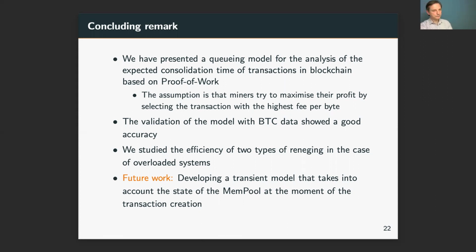At this moment, we are working in steady state, and so the state of the queue when the transaction is created is not important for the results, but in practice, this is information that may be available to the application that is taking the decision, and it may improve the accuracy of the prediction.